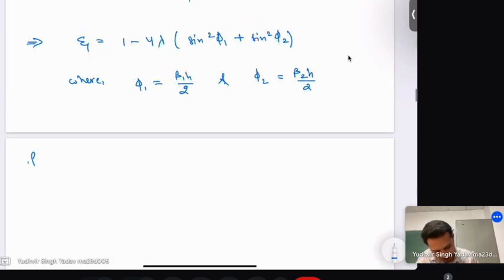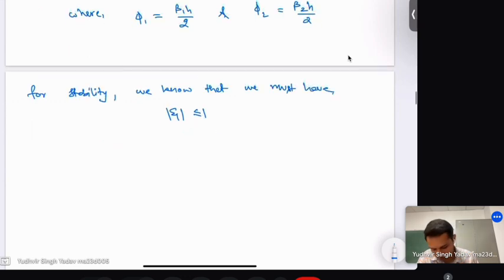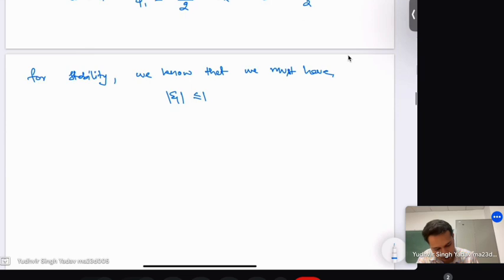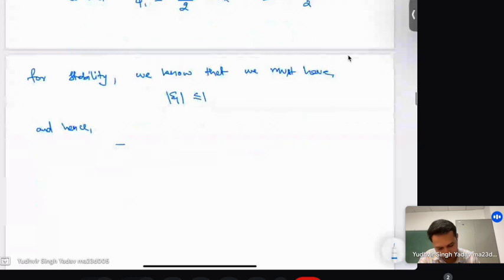So for stability, we already know that we must have xi such that modulus of xi is less than or equal to 1. And hence, from above, as we have xi equals 1 minus 4 lambda times sine square phi 1 plus sine square phi 2, when we substitute this in our assumption, xi is between minus 1 and plus 1.